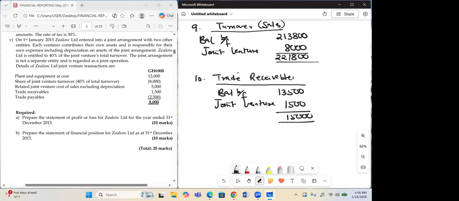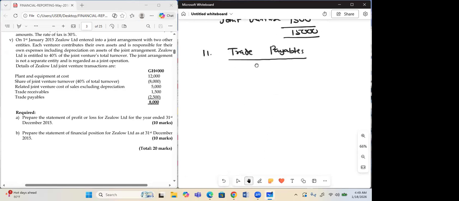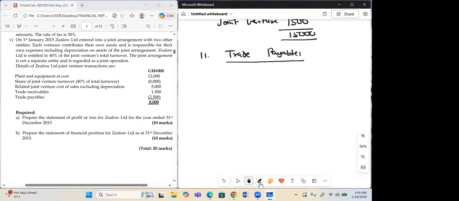Then the next one is trade payables. Go to the trial balance and give us the trade payables figure. 11,800.